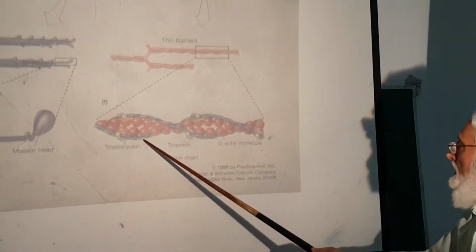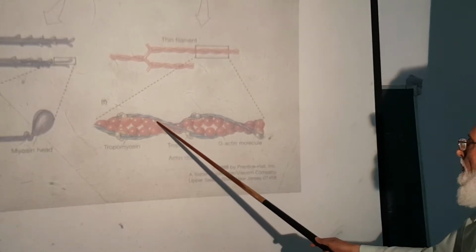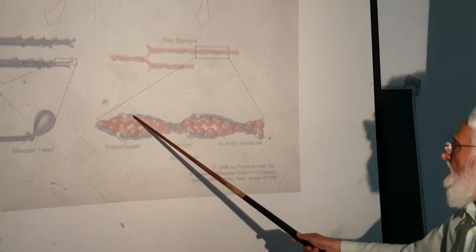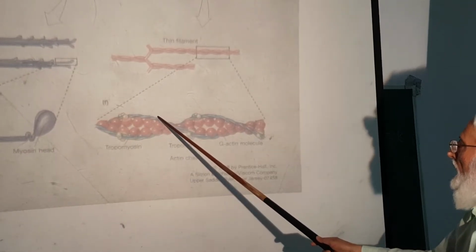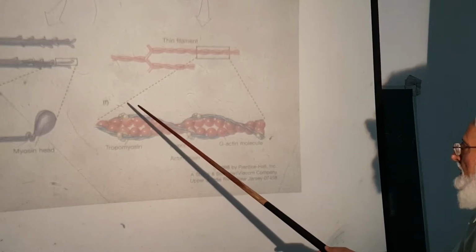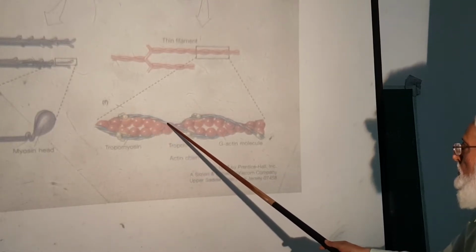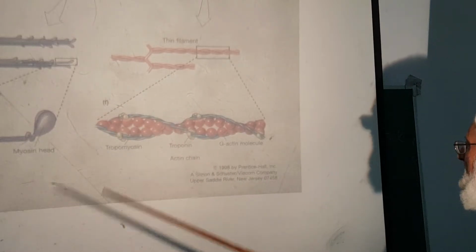The other protein is tropomyosin. You see, the blue colored tropomyosin. Tropomyosin protein consists of two additional protein strands in the actin filament.